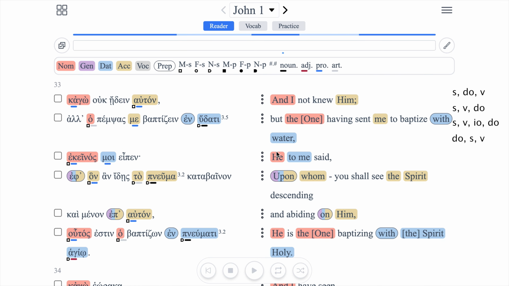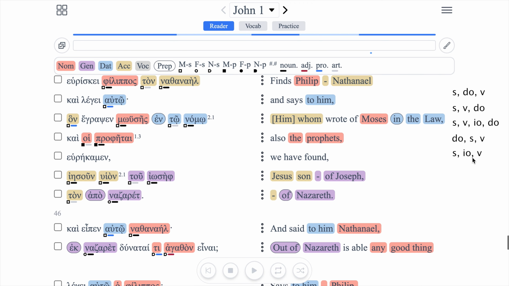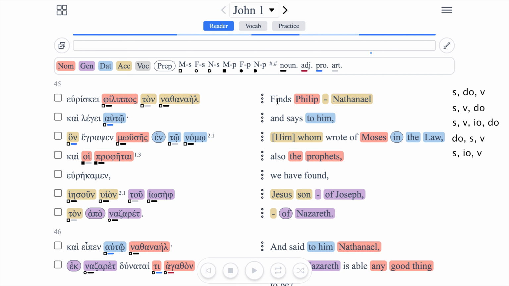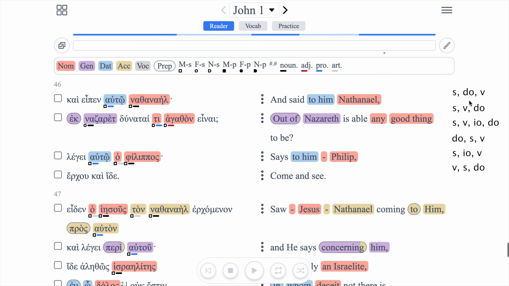In 33, we have subject, indirect object, verb. In 45, we have verb, subject, direct object. And then in 46, we have verb, indirect object, and subject.